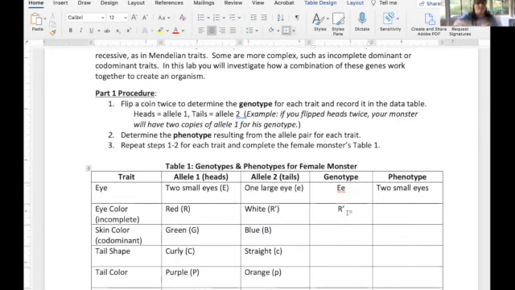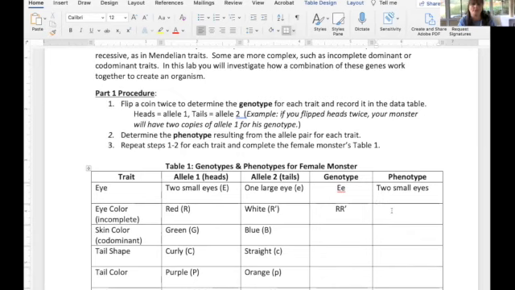Now, flip it again. For the sake of remembering what these things are, let's say it was heads. I, myself, am going to go to this side and do that. So my genotype is R and R'. If I have R and R' for my genotype, the phenotype would be if I took red and white and mixed it together.